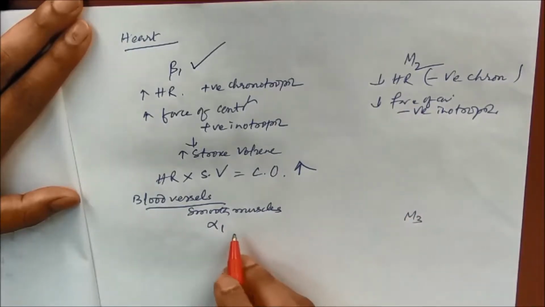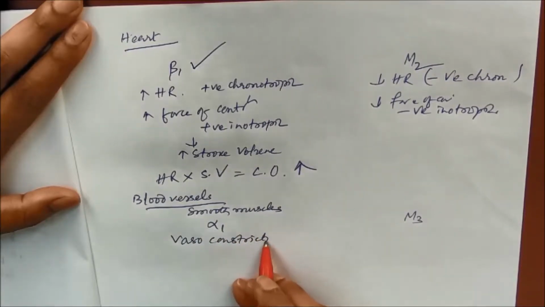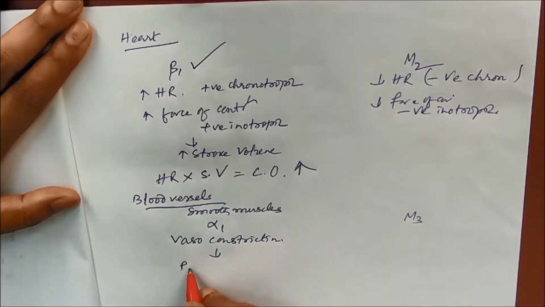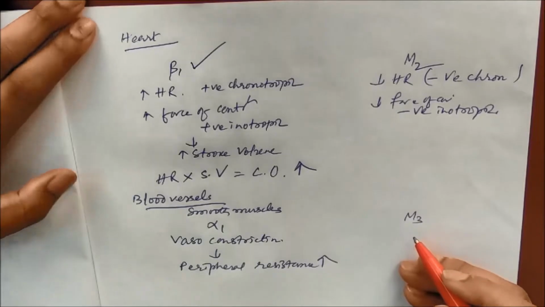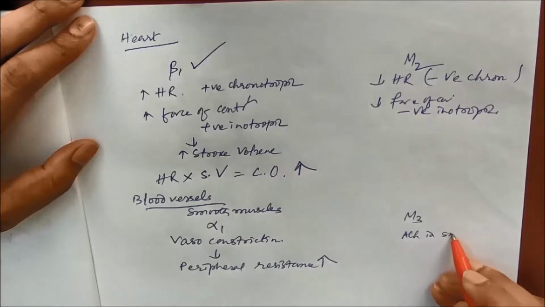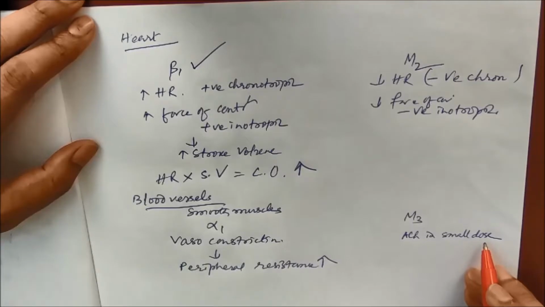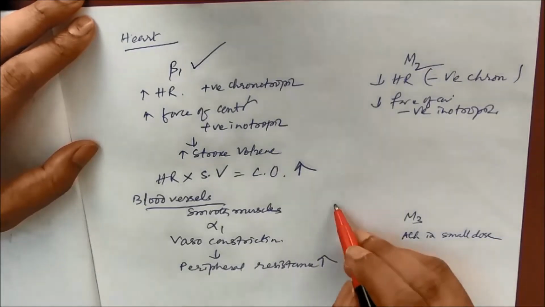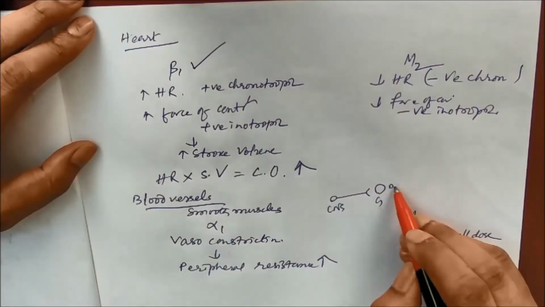So alpha 1 receptor causes vasoconstriction. So the peripheral resistance increases. Okay, and here actually acetylcholine in small dose produces vasodilatation, but in large dose it causes vasoconstriction, because we know there are ganglia, CNS ganglia, and then the periphery.